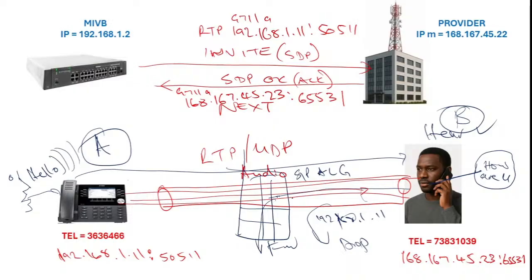It is probably translating the ports, so that when these two parties have agreed to say we are going to talk on this port, maybe your firewall is changing this port to 60511, but this is not a port that has been agreed in the SDP, and it's going to send audio to this port, and this port in the meantime does not exist, so the packet gets dropped, whereas the phone is listening for audio on port 50511. There we have also created a one-way audio.